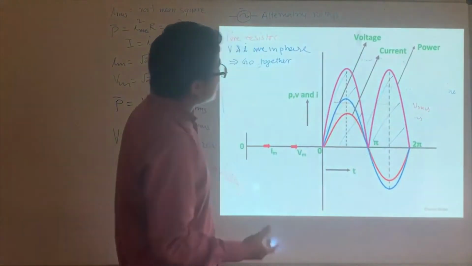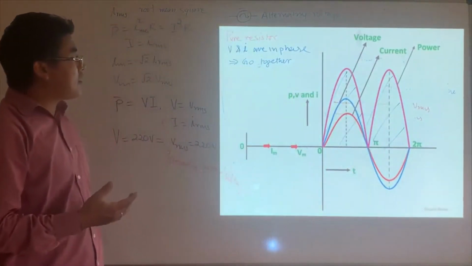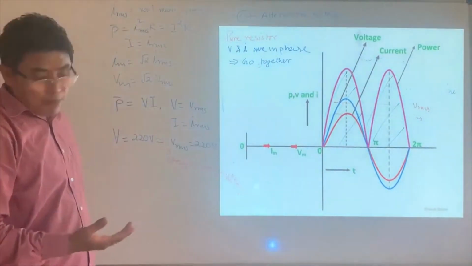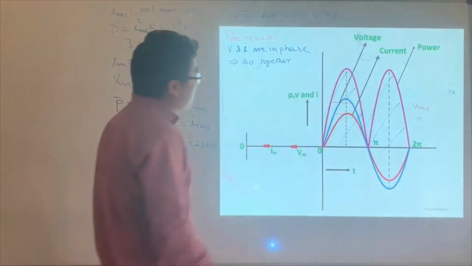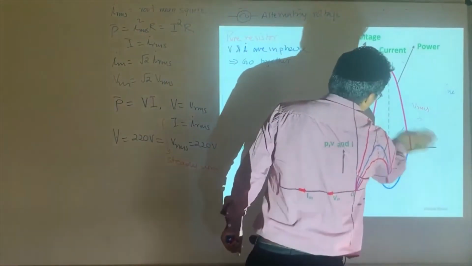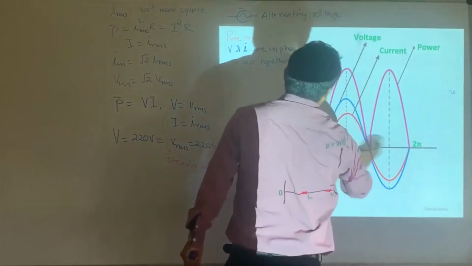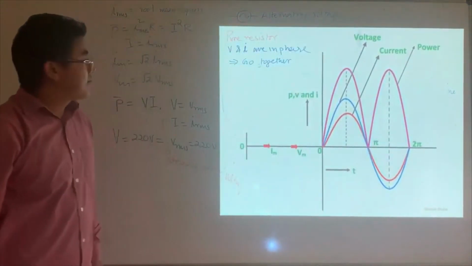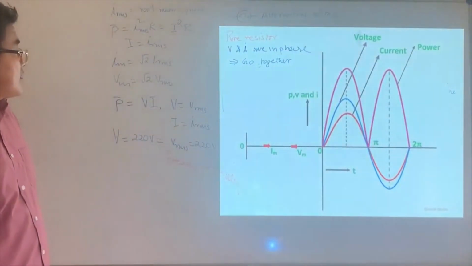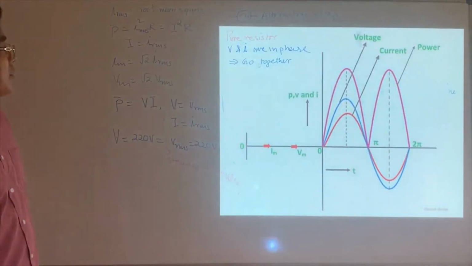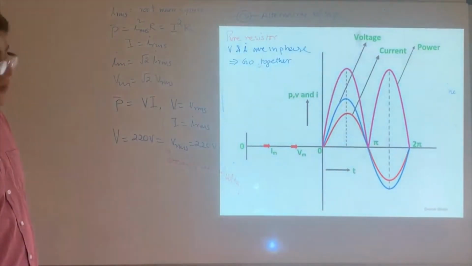So in a cycle, for pure resistors, we have an average power dissipation. This diagram tells you everything here.